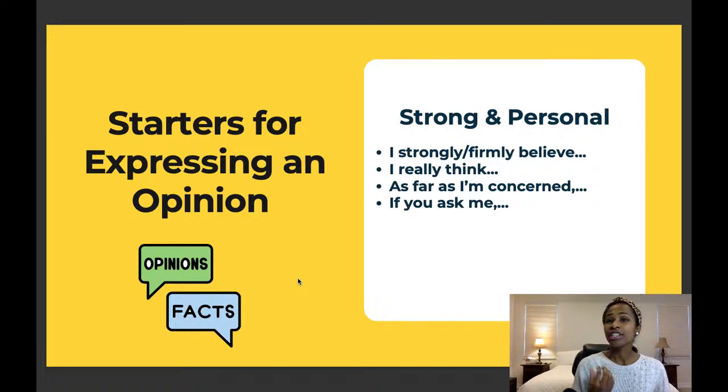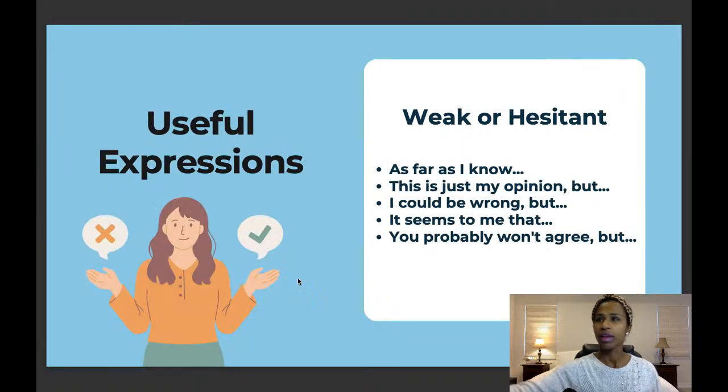So, as far as I'm concerned, if you ask me. And then we have another one, this one over here. I'd say that it's not as strong as the other one, so that's why I wrote over here weak or hesitant.